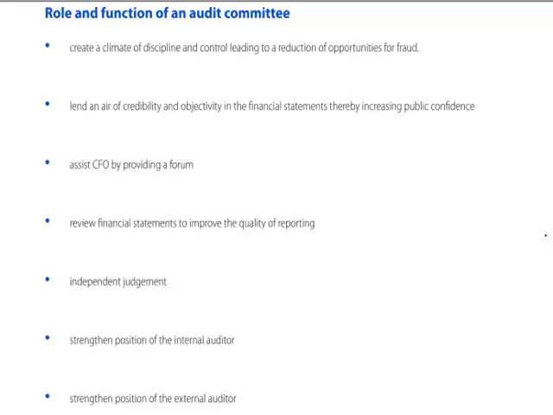Strengthen the position of the internal auditor. How does that happen? How would the existence of an Audit Committee strengthen the position of the internal auditor? It's a layer above the executive. It's somebody more important or higher in the ranking than the executive directors. The internal auditor should have no fear about reporting to the Audit Committee.